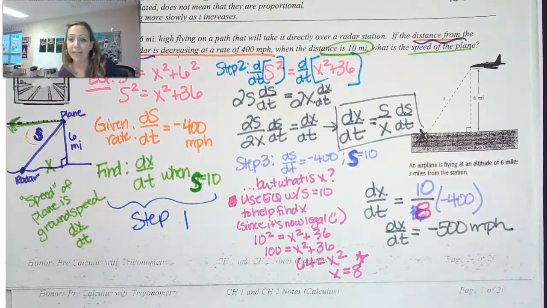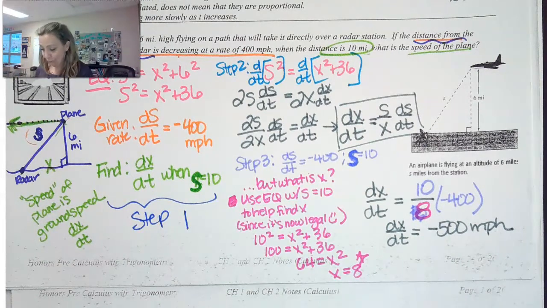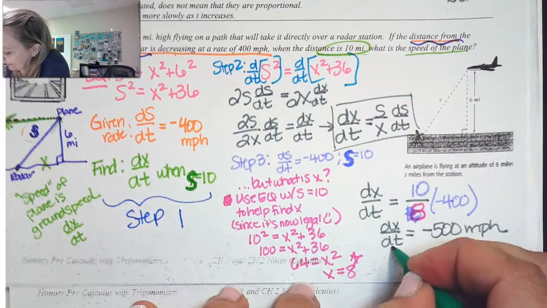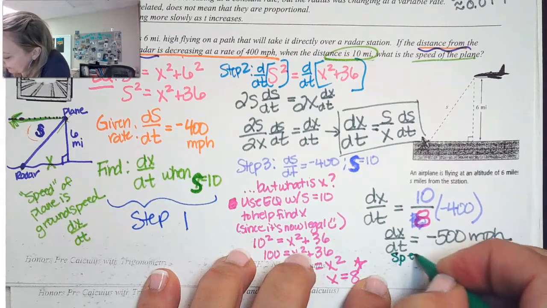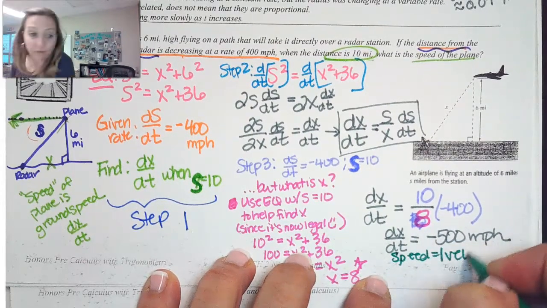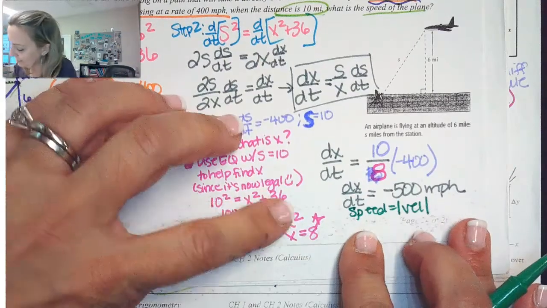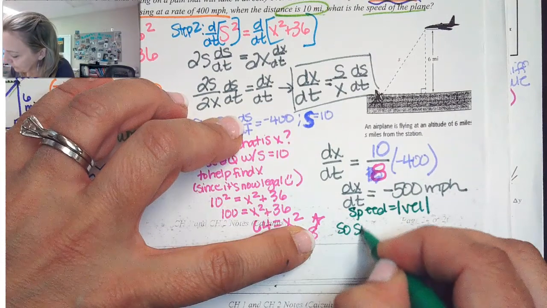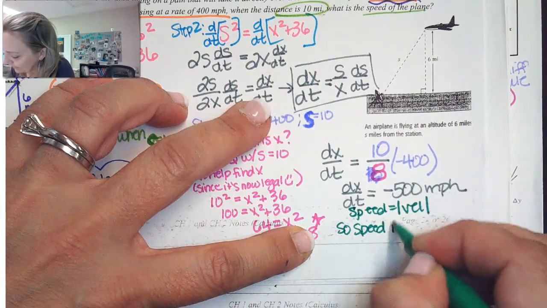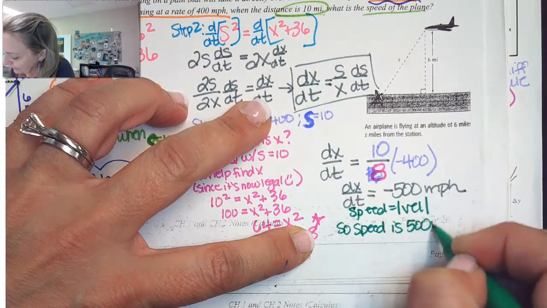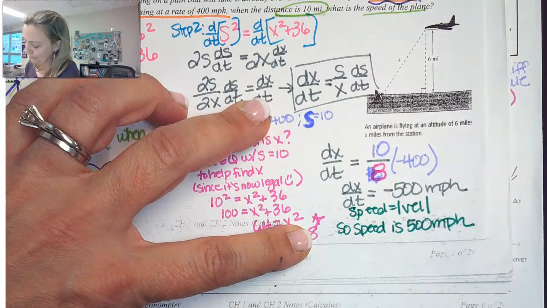That is our velocity. However, when we are talking about speed, remember that speed is the absolute value of our velocity. So for speed we just ignore the sign, and the speed is 500 miles per hour.